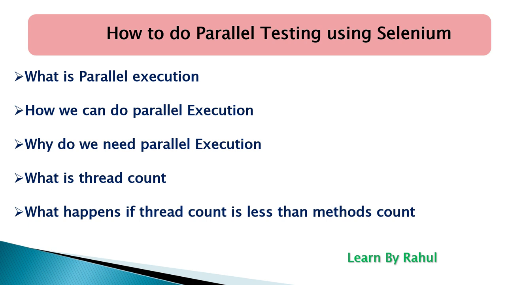Now we want to run 100 test cases at a time. So how can we do that? With the help of parallel execution. So why do we need parallel execution? Okay, so it's clear now. Now let's understand with a practical example how we can do that. Let me open my class.